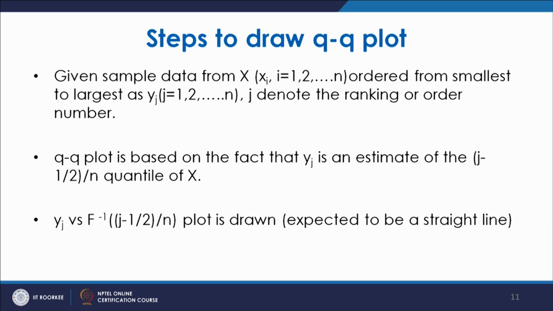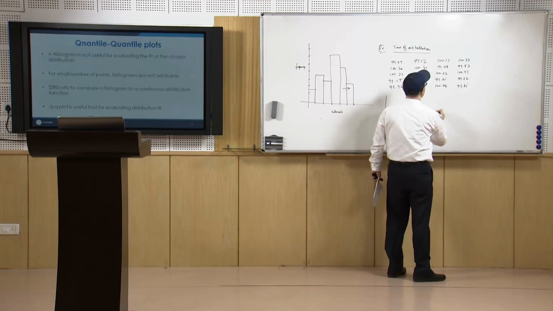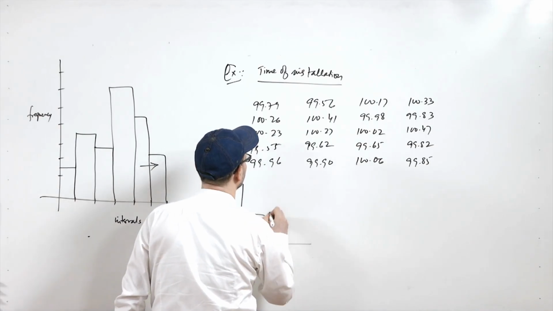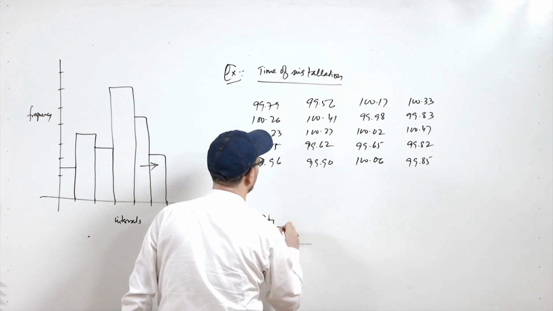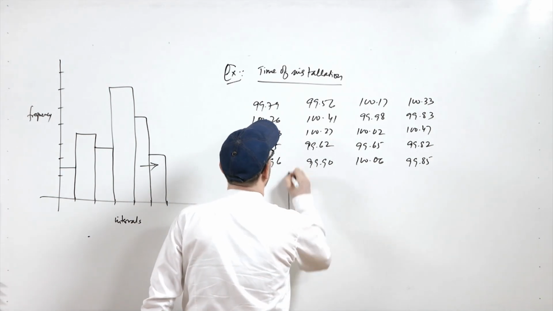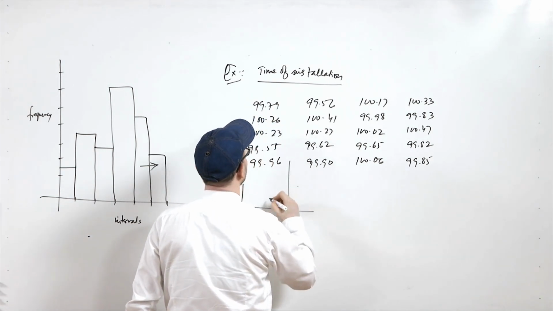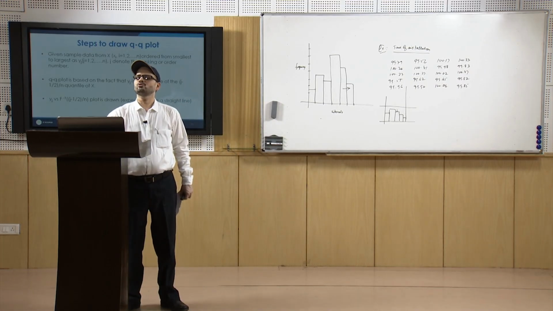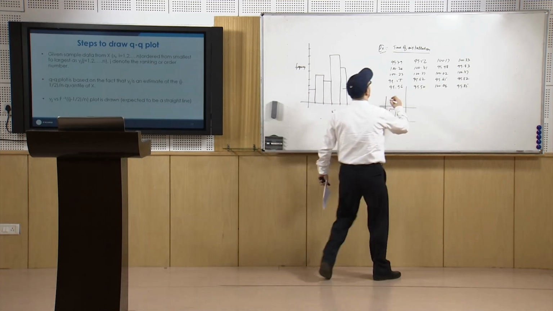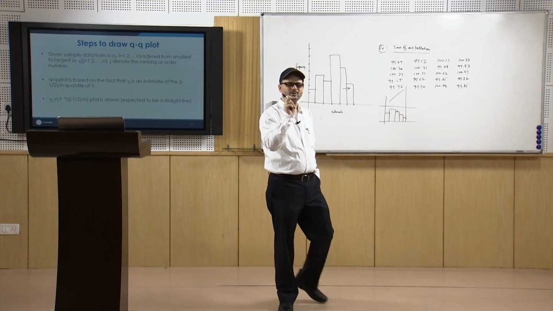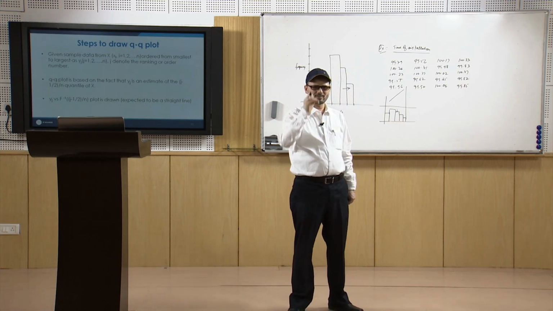Ideally this has to be a straight line. For j equal to 1, it is 0.5 by 20, so 1 by 40.